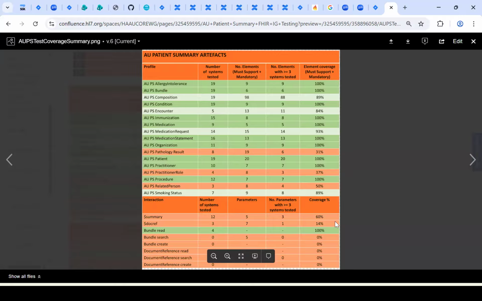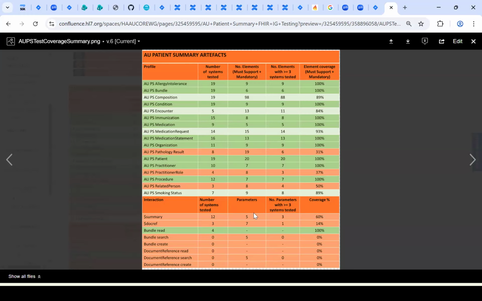Our reporting diagram uses the same colors as the conformance diagram for profiles, even though they're not conformance requirements. This is maybe more of a future thing. But it's interesting to note we've now got evidence from 12 systems in Australia who are doing dollar summary for generating AU patient summaries.